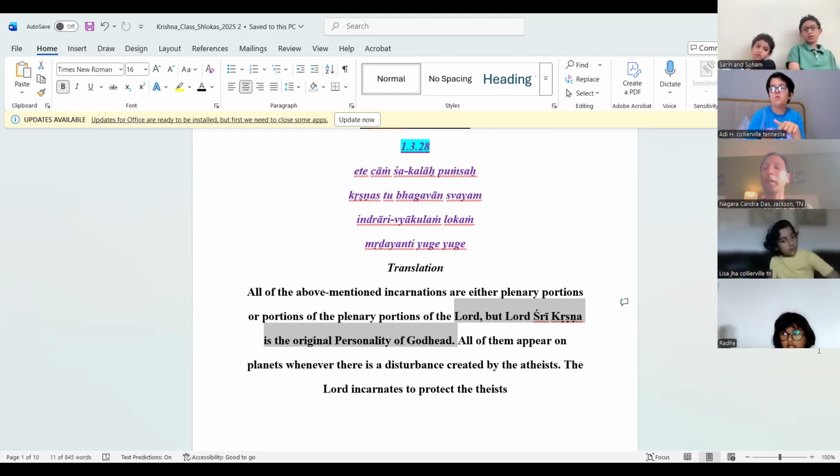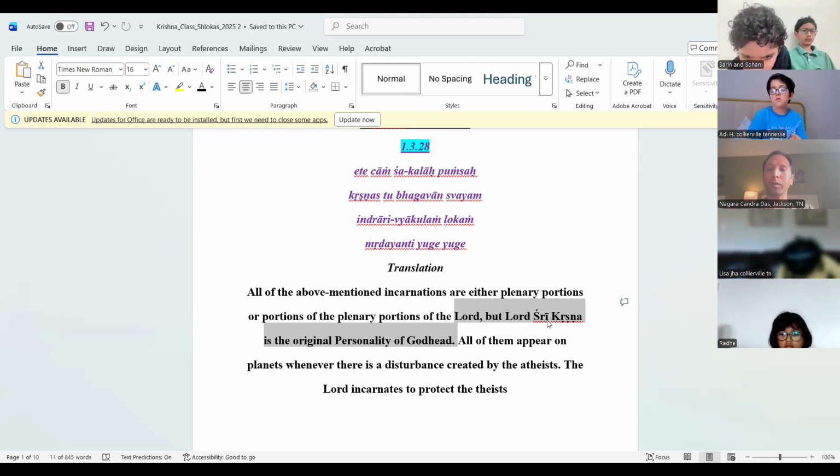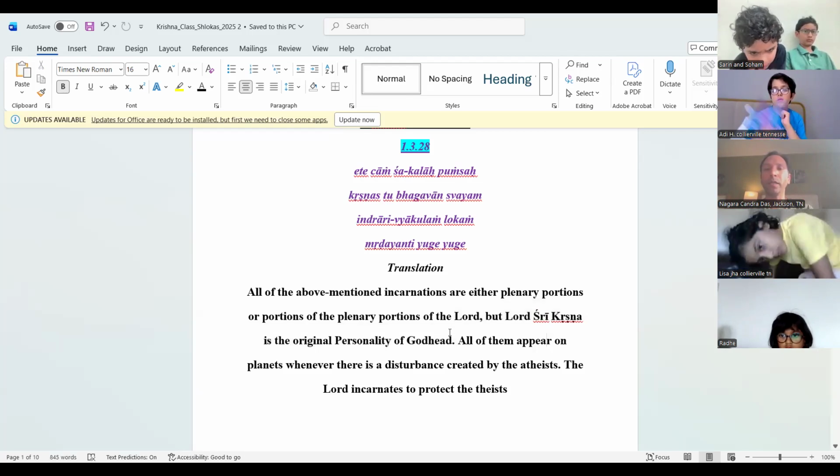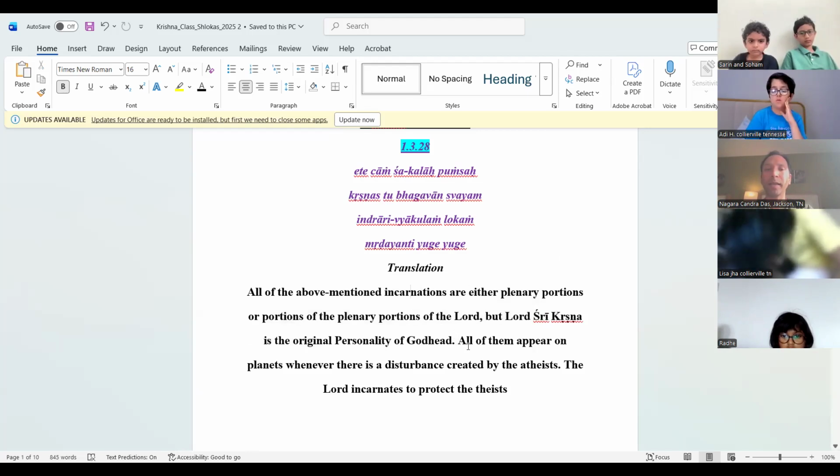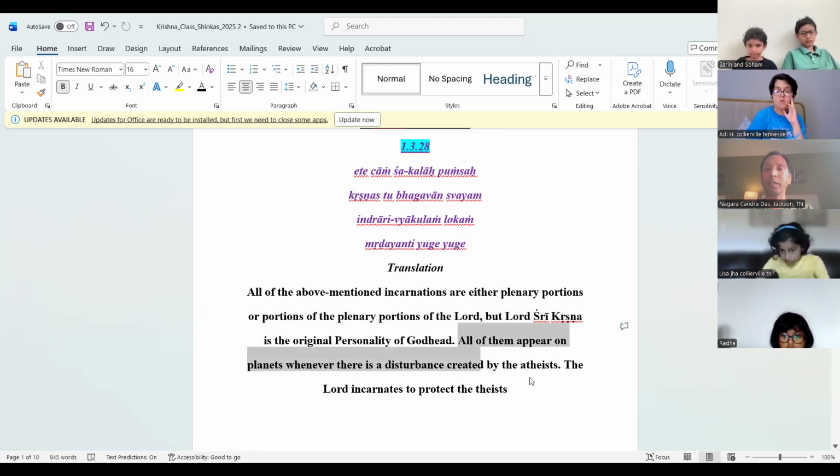Four incarnations come, and from Sankarshan, well, that's all details, but basically like this, lower down comes Mahavishnu, Brahma, Shiva. Everybody comes like that. But the original personality of Godhead is Krishna. All of them appear on planets whenever there is a disturbance created by atheists.